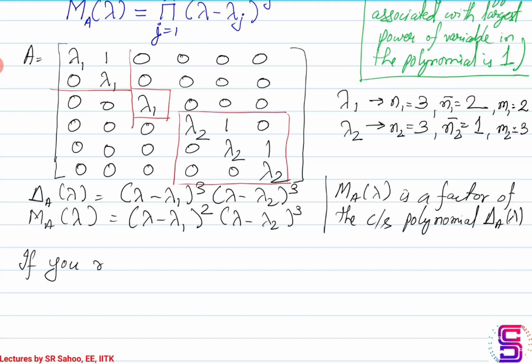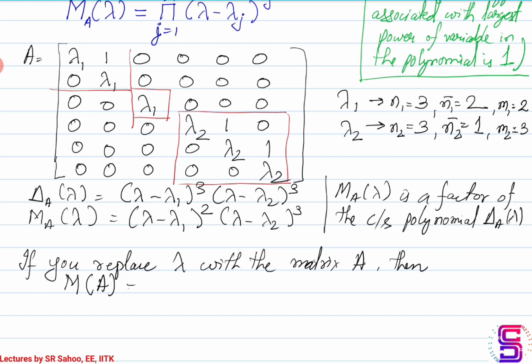If you replace lambda with the matrix A, then this polynomial of the matrix, I am dropping the subscript A, is essentially A minus lambda 1 In squared, of course, this gets associated with the identity matrix, for the example that I am taking, and A minus lambda 2 In cubed.